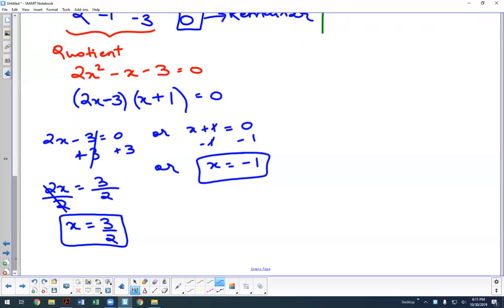So your roots for this example are going to be -1 and 3/2. You of course don't need to write the -1 twice, but we know that it has an occurrence of 2 times.